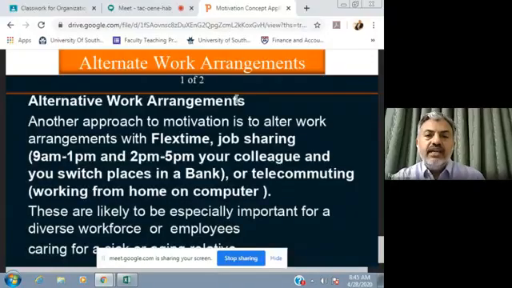Either you come in at 8 and you leave at 4, so you don't have to sit up till 6. If you came in at 10 because you had some important task to do in the morning, then you work up till 6 in the evening to complete your task for that day. So these are flexible timings which are offered to employees in Europe.